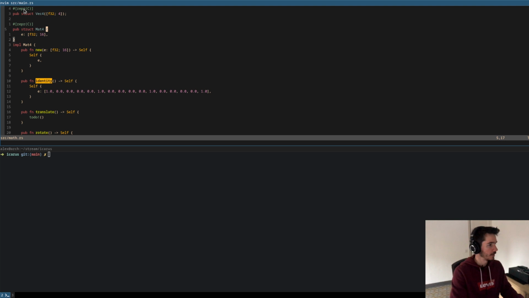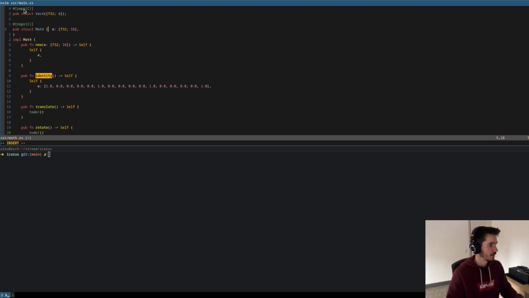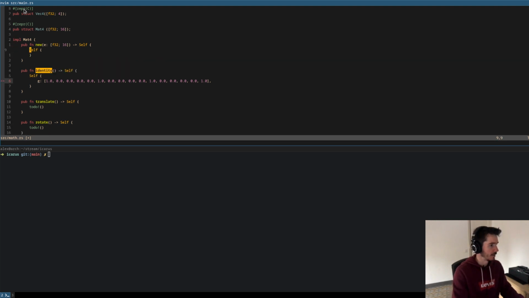Can we change this also to a tuple struct? That way we don't need to name the E variable.